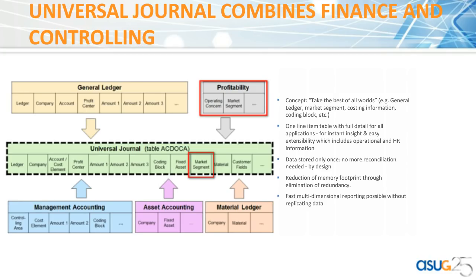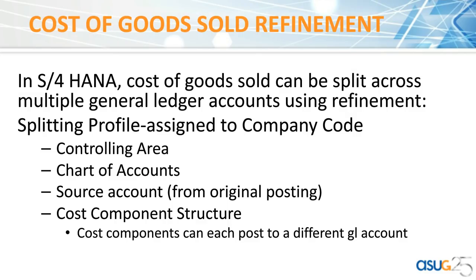If we take that a little further and talk a little more about cost of goods sold refinement, if I can get my cost of goods sold for post-goods issues reported based on the cost component structure of the material using specific general ledger account numbers for each cost component, that's pretty mind-bending for us traditional SAP COPA users. And truthfully, when I first heard this, I thought, why do I want that in my general ledger?